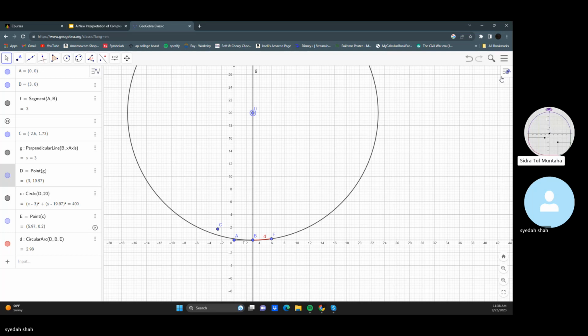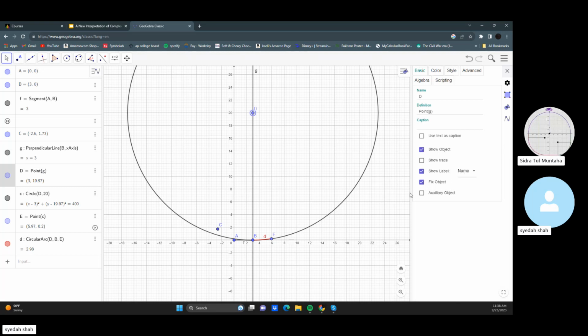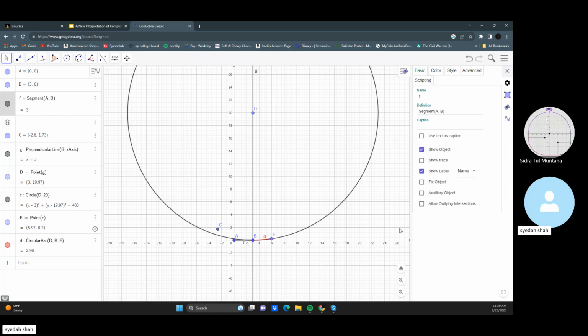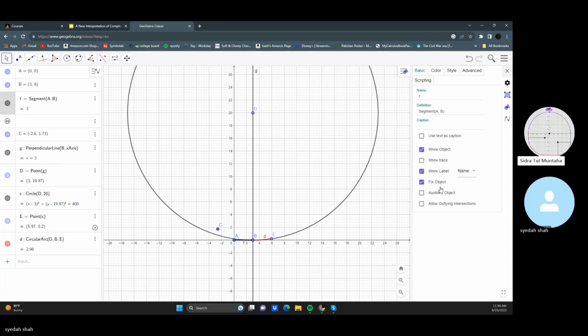You don't cross the settings. You just need to click on the other object and the settings. Now I clicked on the line segment F. Yes, and now fix object. Similarly, you can do it with any other point if you want to fix them too.